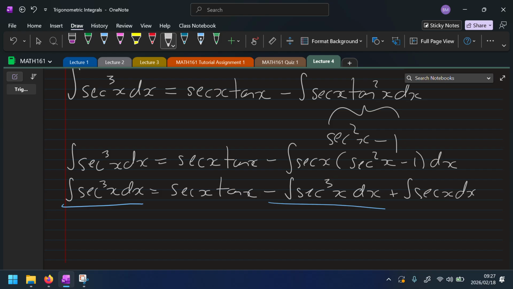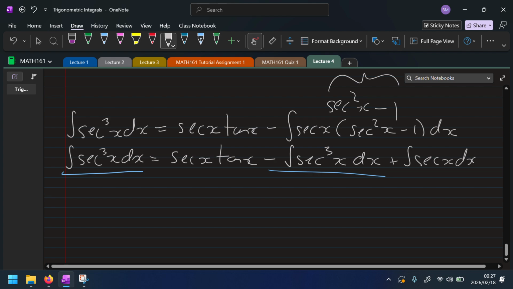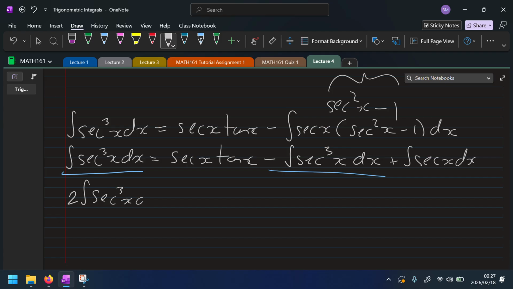Okay. Now we're going to do 2 steps in 1. Both of those blue terms, I'm going to take over to one side, so we've got 2 of them. The sec x tan x, I'm going to leave there, plus the integral of sec, we know that one already. Perfect.